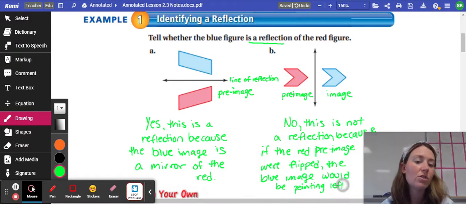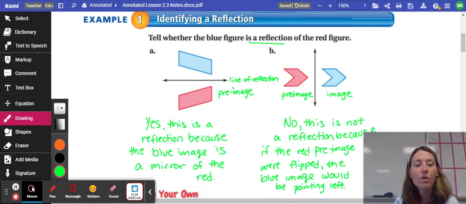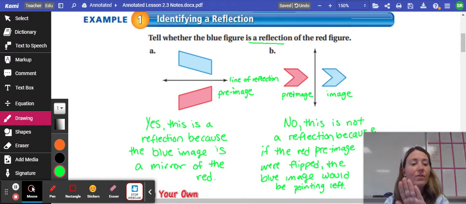And I want you guys to just describe this in your own words, okay? So when you explain, I want you to just use your own words to describe why it is or is not a reflection. But when I see this, I can see that if we flipped that red image, the blue image would have the arrow pointing to the left, not to the right.